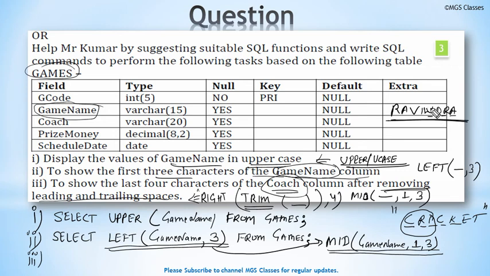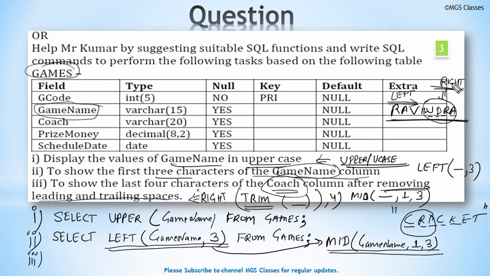Like for fetching the first 3 characters we were using the LEFT function, for fetching the last 4 characters we will use the RIGHT function, because we are interested in getting the substring from the right side of length 4.